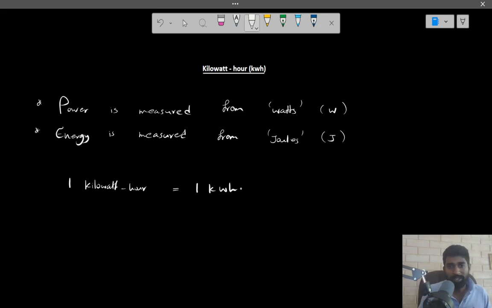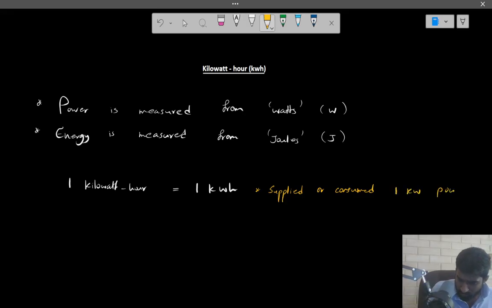So it means it has supplied or consumed, right? It has supplied or consumed 1 kilowatt power for 1 hour, right? So the meaning of this one, I can write it this way: it has supplied or consumed 1 kilowatt power for 1 hour.